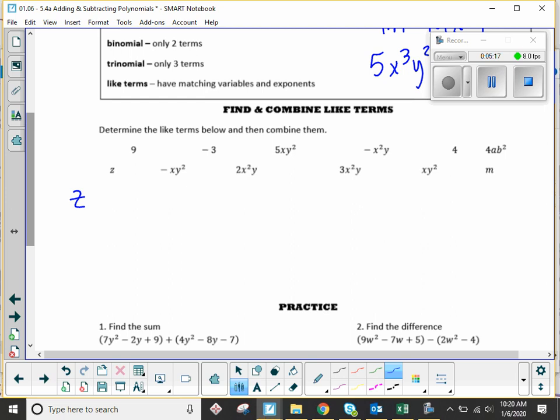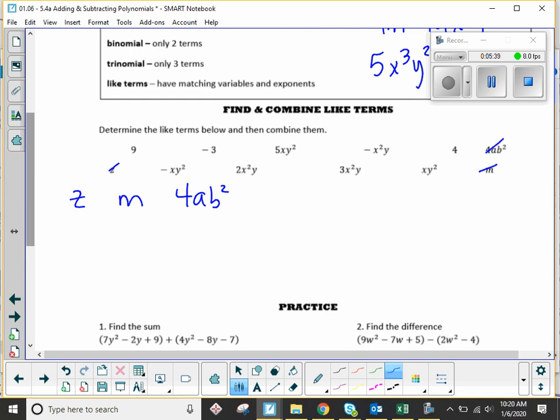Let's talk about all the things that don't match anything. Z doesn't match anything. M doesn't match anything. What else doesn't match anything? 4ab squared. So there's no like term with it. There's nothing that goes with it. There's nothing that's just Z, M, 4ab squared.